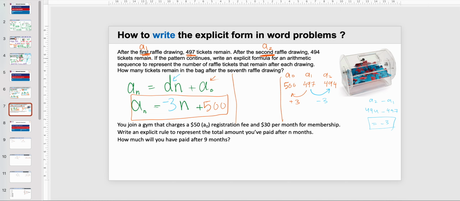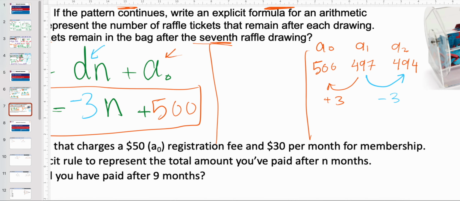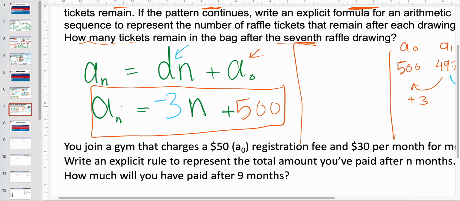They said that the sequence represents the number of raffle tickets that remain after each drawing. Okay, they said how many tickets will remain in the bag after 7 raffle drawings. So basically they want a7, instead of n, because they want to know after 7 drawings how much will it be.